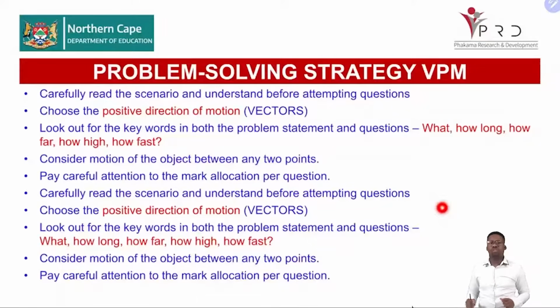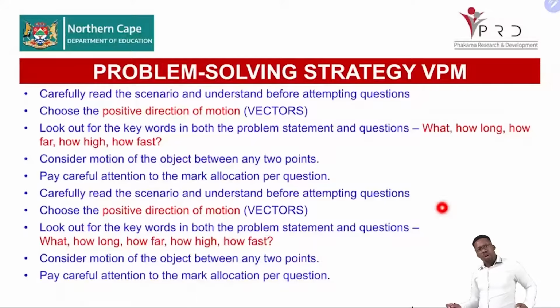So when we deal with VPM, number 1, understand the statement. Then from there, what must you do? Choose your direction. If you say let up be positive, then your A will always be minus 9,8. If you are saying downwards as positive, then your A becomes positive 9,8.